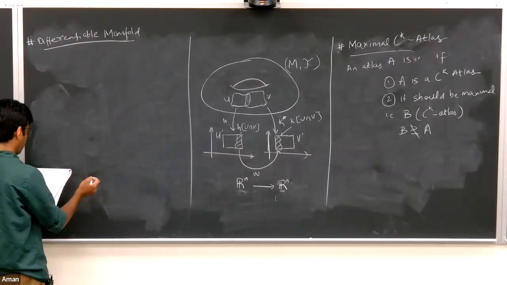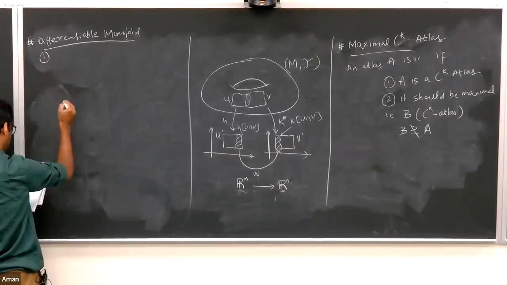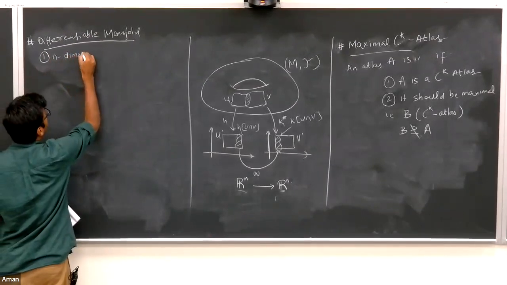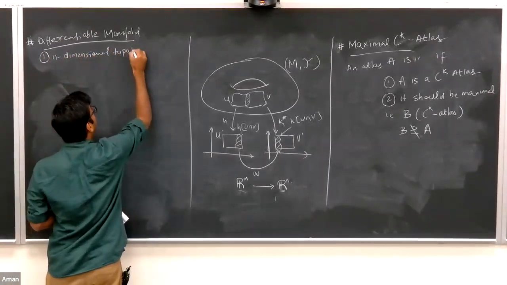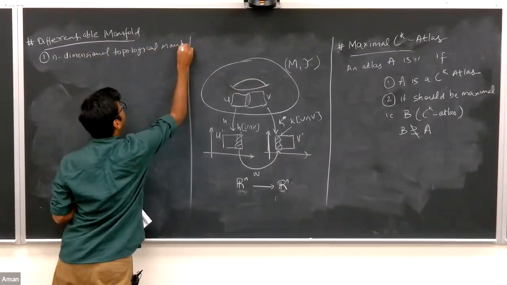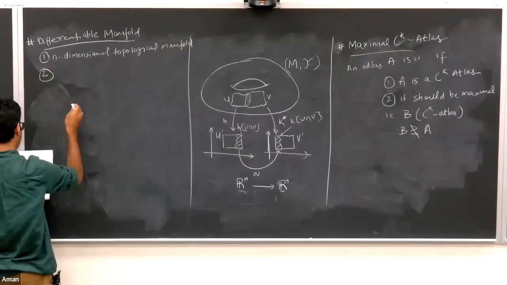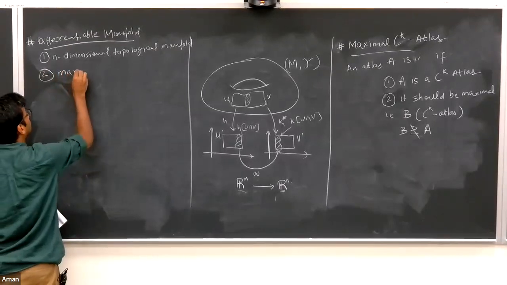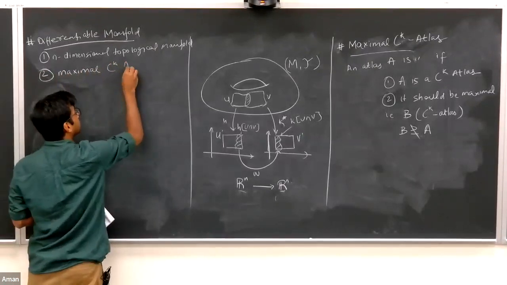A differentiable manifold only needs two of these properties that we saw. The first one, it should be an n-dimensional topological manifold, of course. And two, that should have a maximal CK atlas.